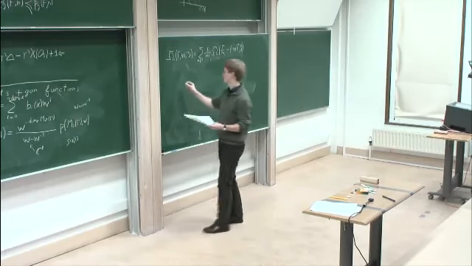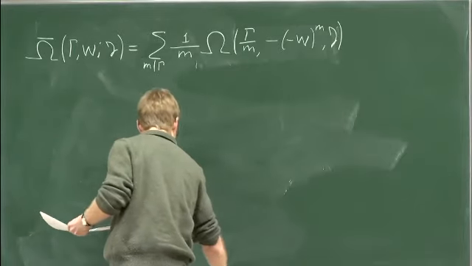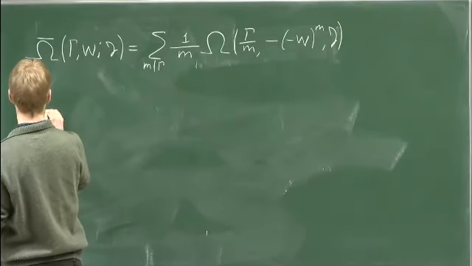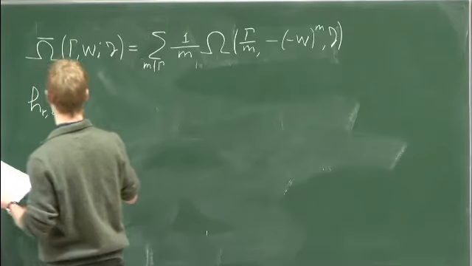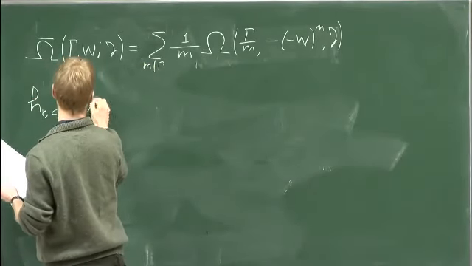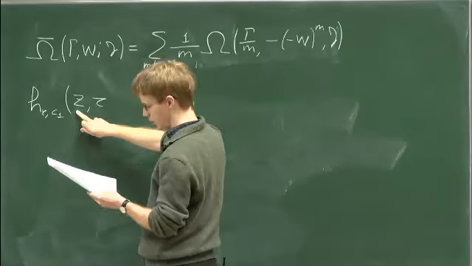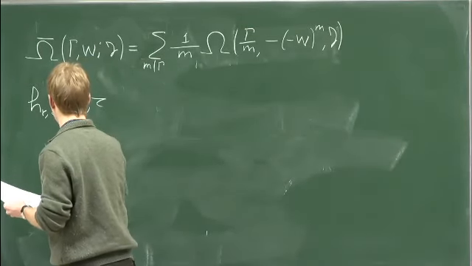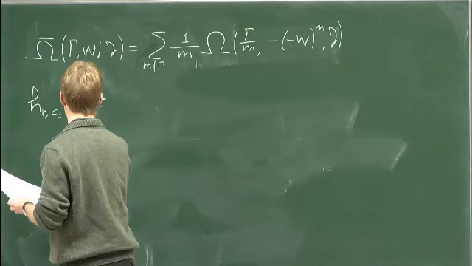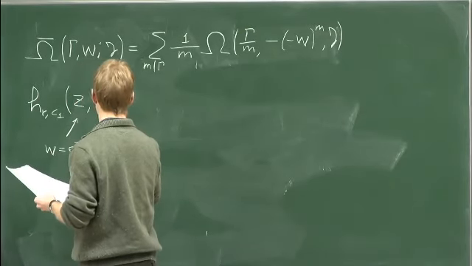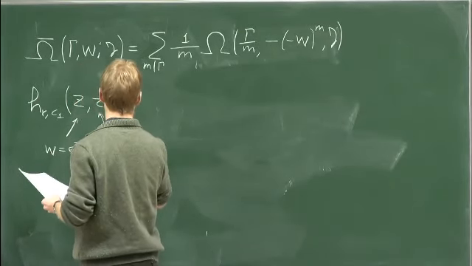Okay, and then the generating functions are defined in the following way. I keep fixed the rank and the first Chern class. Then it depends on z and tau. z is just the exponent of w, e to the 2 pi i z, and q is of course e to the 2 pi i tau.